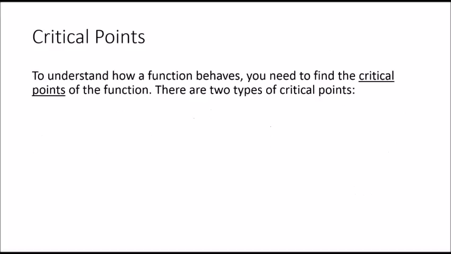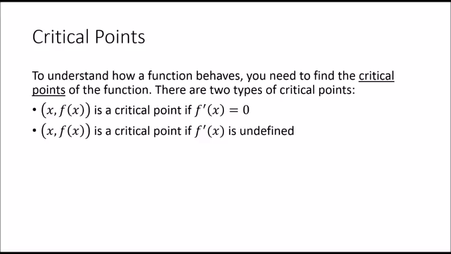In order to find critical points, there are really two different types of critical points you need to think about. The first is points at which the function's first derivative is 0. And the second is any point at which the function's first derivative is undefined. So that would include discontinuities of any type, endpoints of any type.